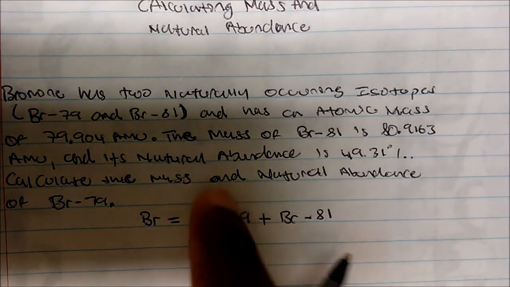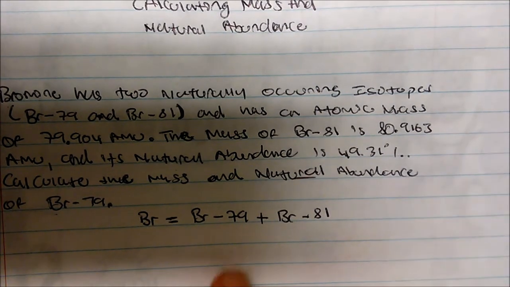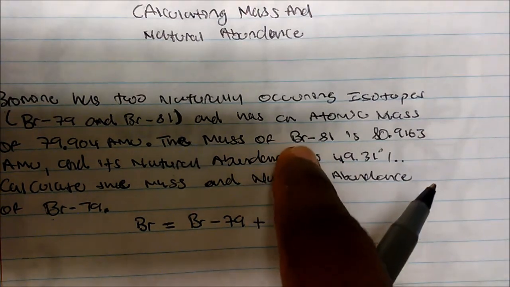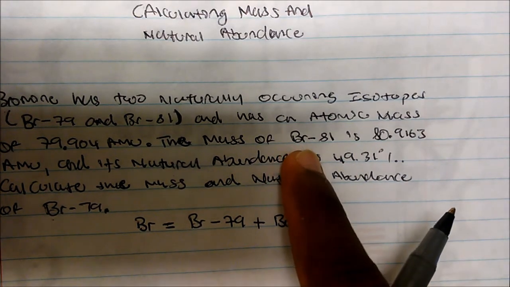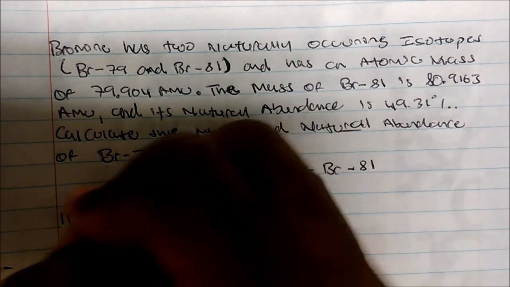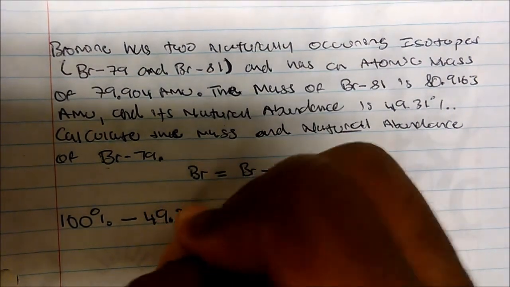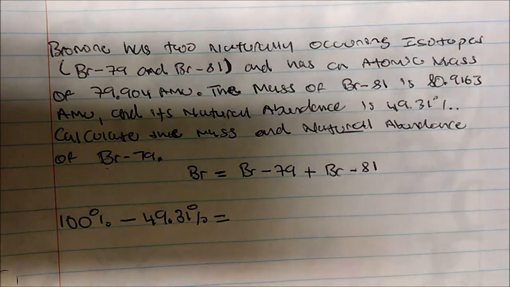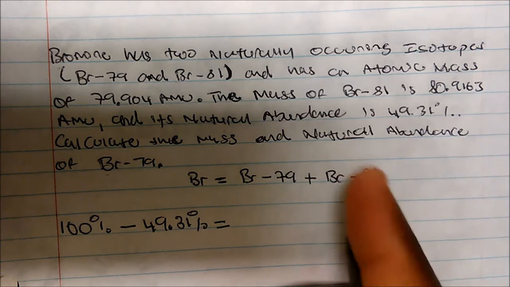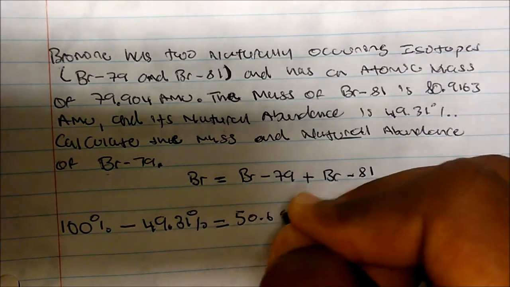And so, first of all, let's find the natural abundance of bromine 79. Well, if the natural abundance of bromine 81 is 49.31%, then simply if we take 100% and subtract 49.31%, then the Br79 natural abundance has to be 50.69%.